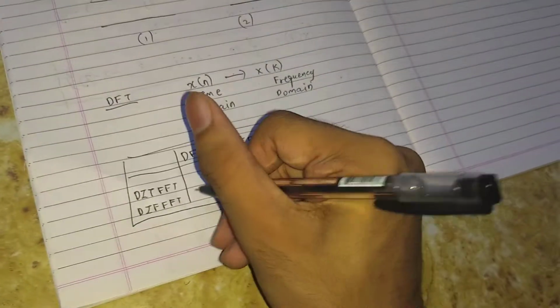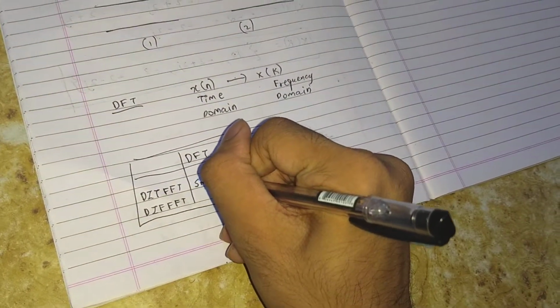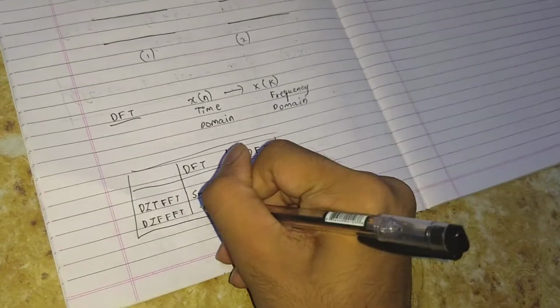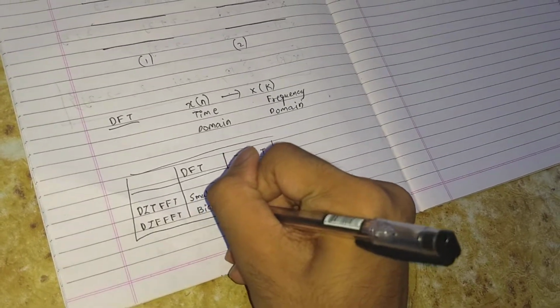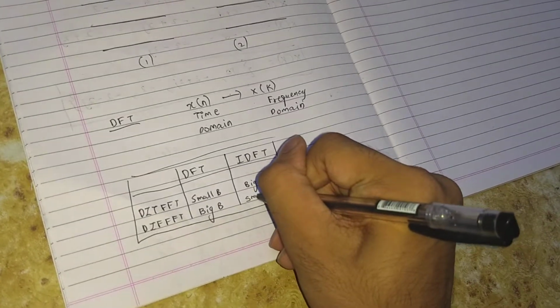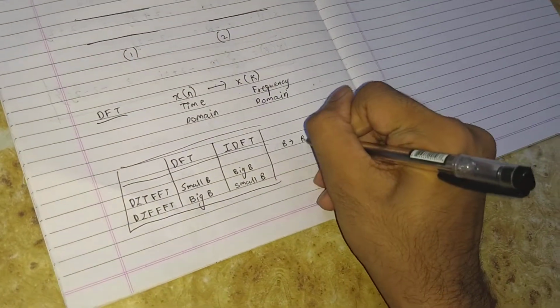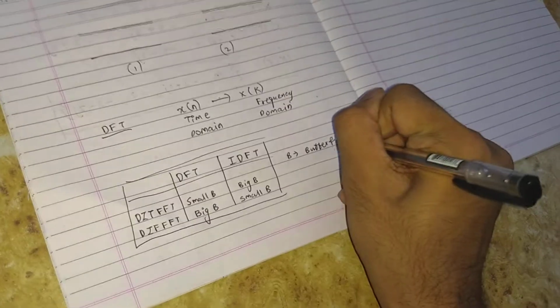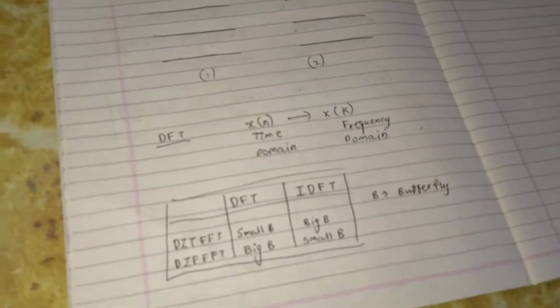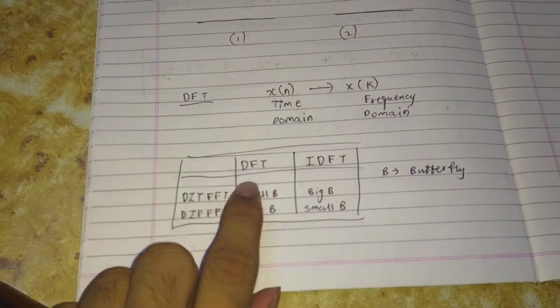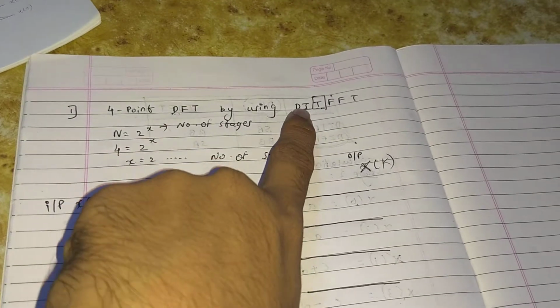Small butterfly, big butterfly, and here big butterfly, small butterfly. B stands for butterfly. Okay, so remember this particular table, DFT, and now read this 4-point DFT using DITFFT, decimation in time.